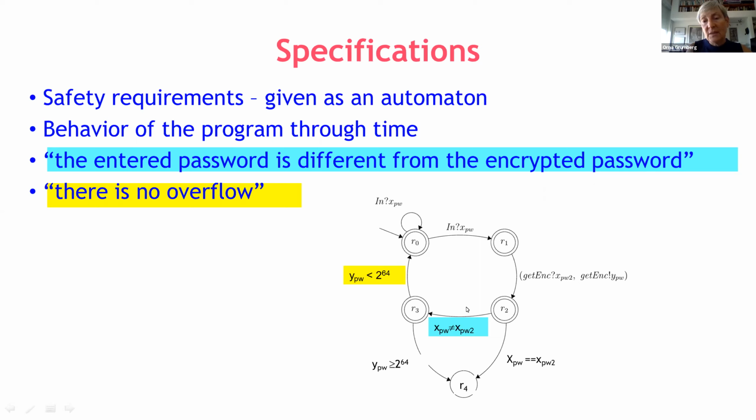And we see that it appears here in the automaton by requiring that X PW is different than X PW2. The other requirement is that there is no overflow. And here it is described by requiring that Y PW after the encryption is smaller than 2 to the 64. If any of these constraints doesn't hold, then the automaton ends up in an error state.